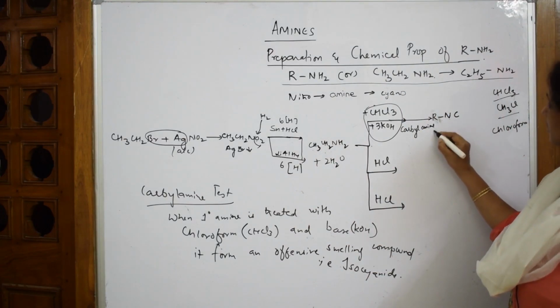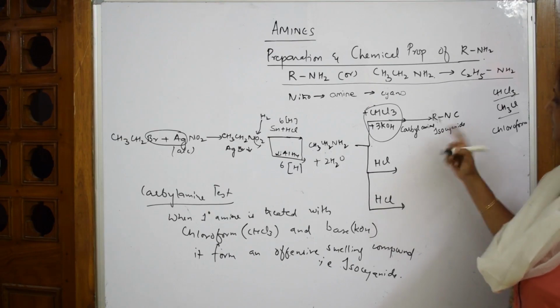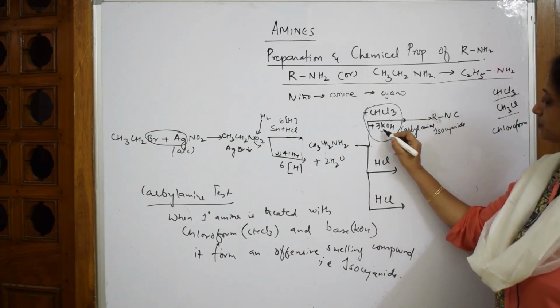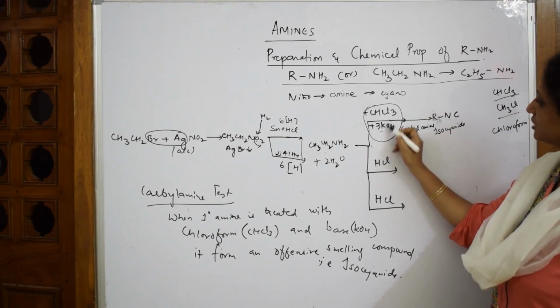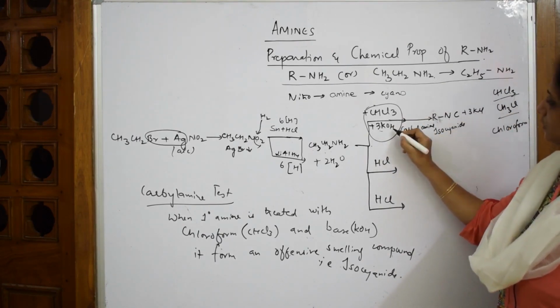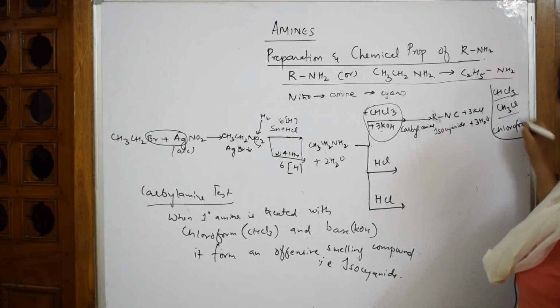So this is called an isocyanide compound, from the carbylamine reaction. Along with that, you have three KCl and three water molecules coming out.